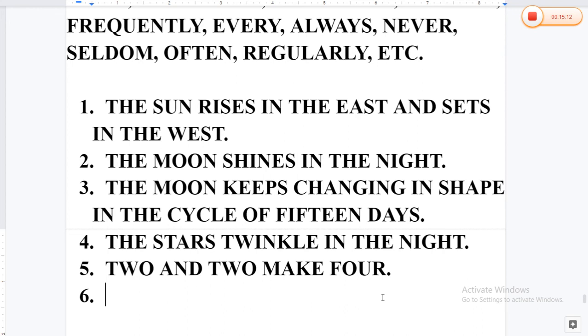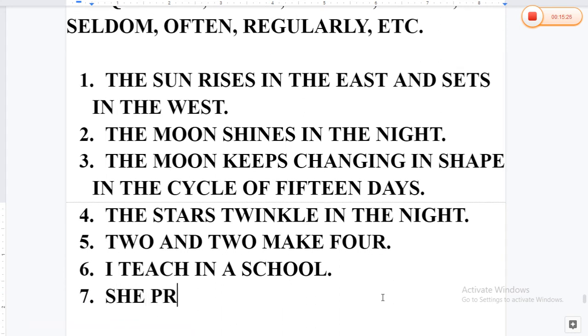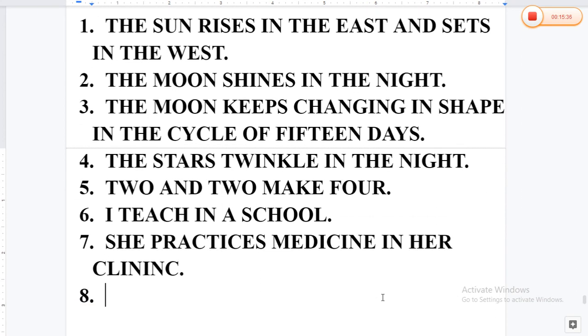Now we see examples of occupation and job. I teach in a school. She practices medicine in her clinic. He practices law at the court.